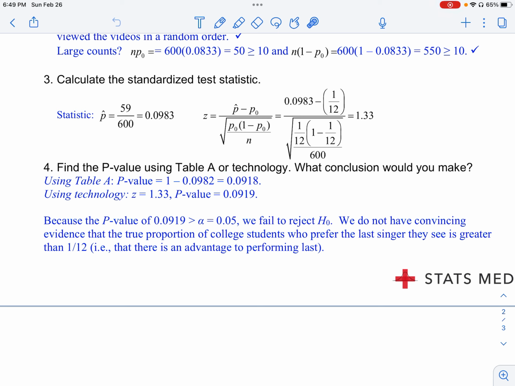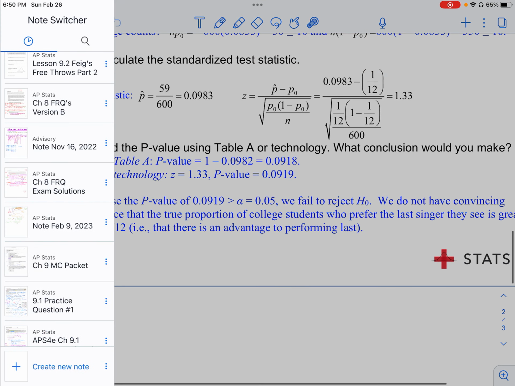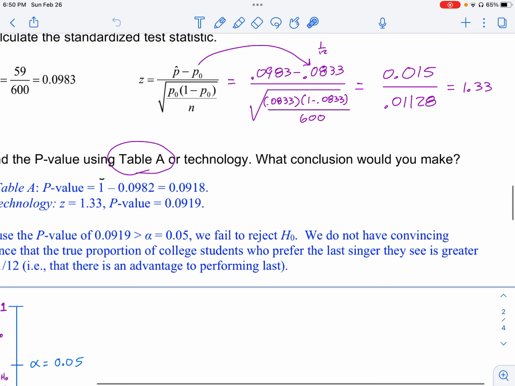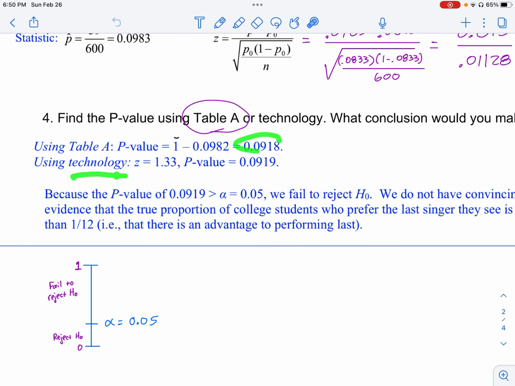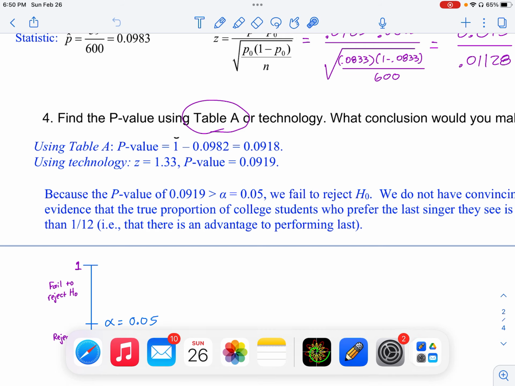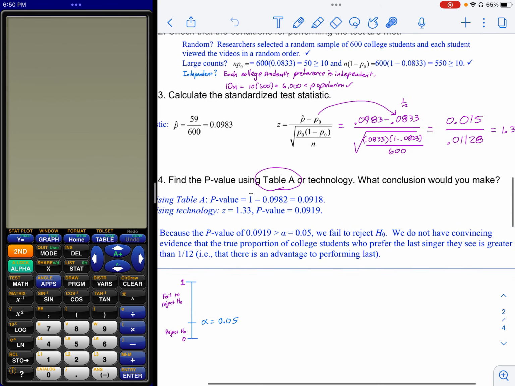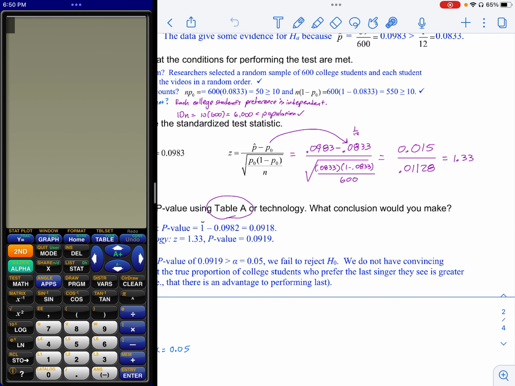Now you can use technology to do this. Oh, interesting, this is not where I was. Sorry, I gotta go to my notes. So yeah, we can also use technology on the calculator to do this. Again, I always encourage you to use this, especially on multiple choice and an FRQ. Do the test button. The test button, you guys, will give you the statistic and it will give you the P, and there you go.